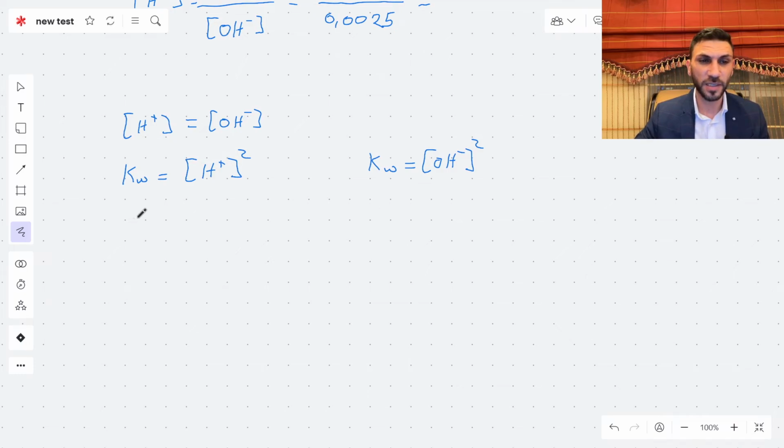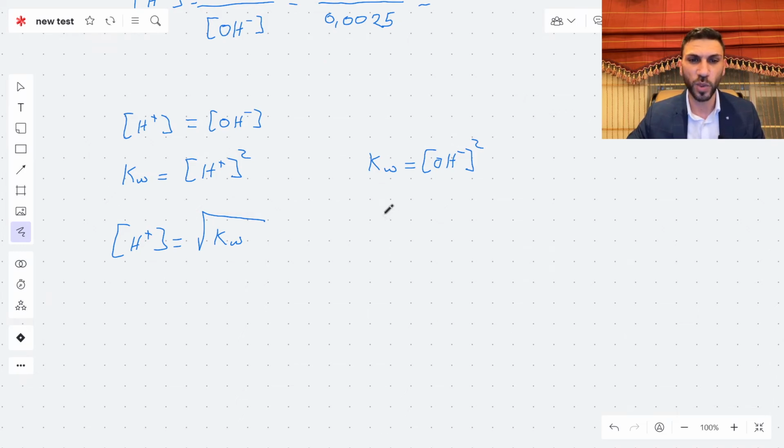That means when they equal each other, then the H positive equals the square root of Kw, and as well as the OH negative equals the square root of Kw.